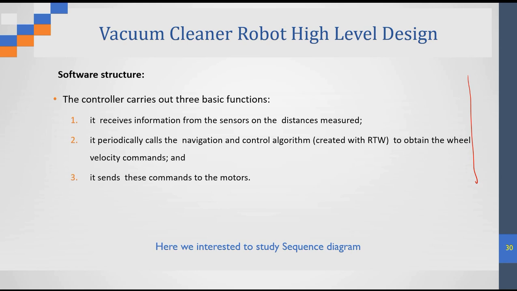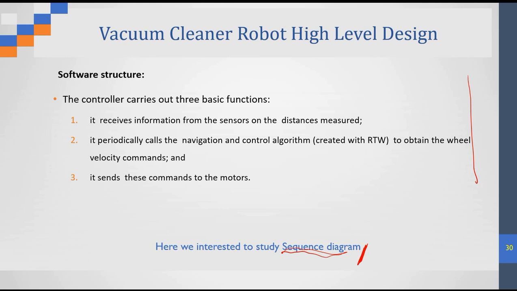So one of the topics in this course is that we will study the sequence diagram. It is important for us to know the scenario of the system. We will have one class just to learn the sequence diagram of these systems.